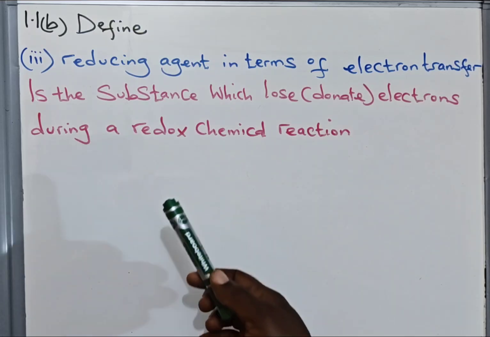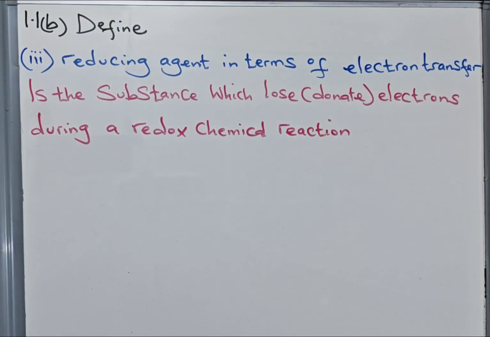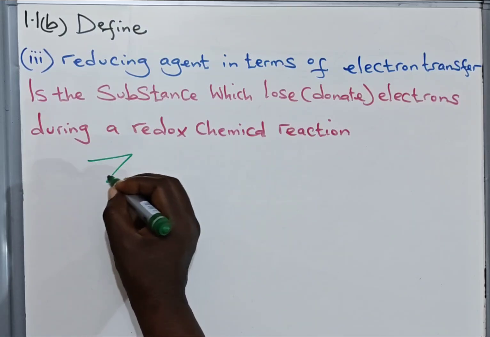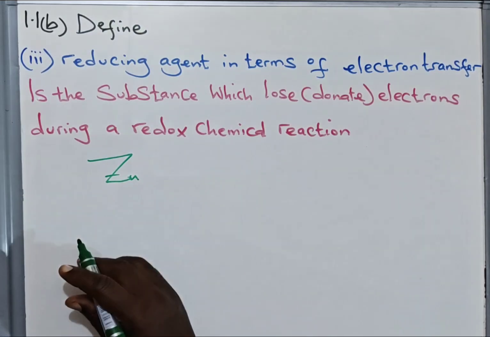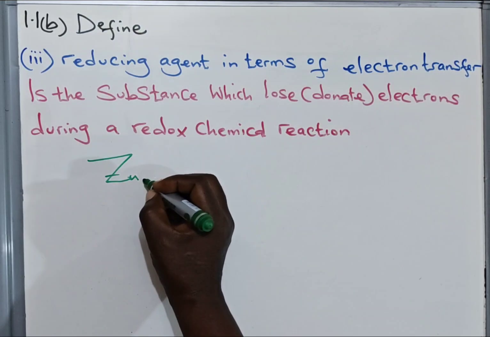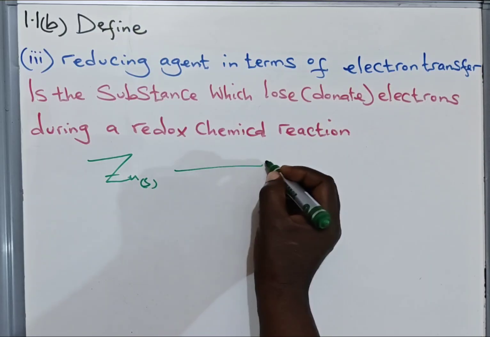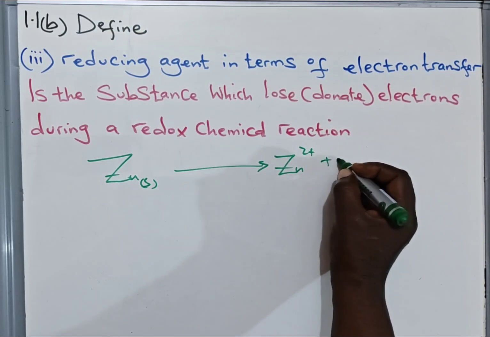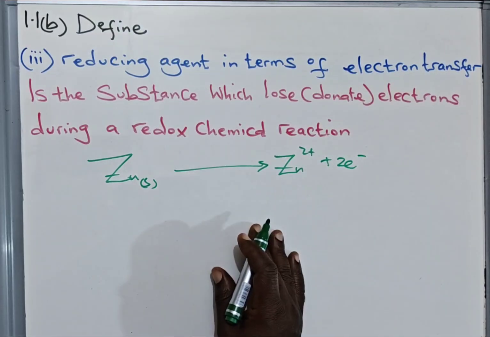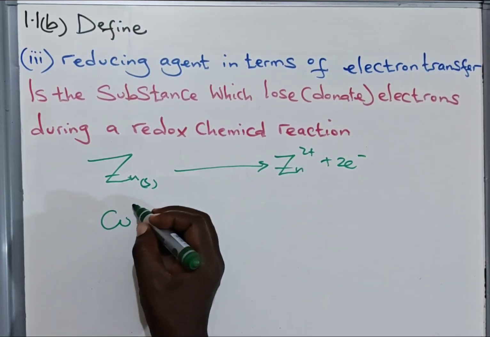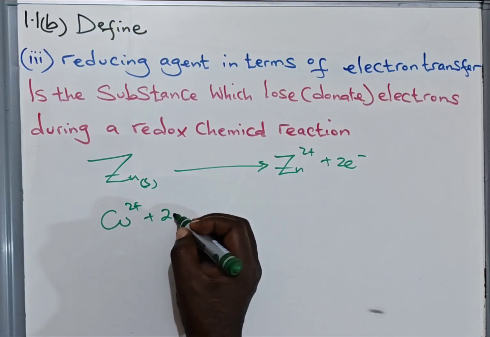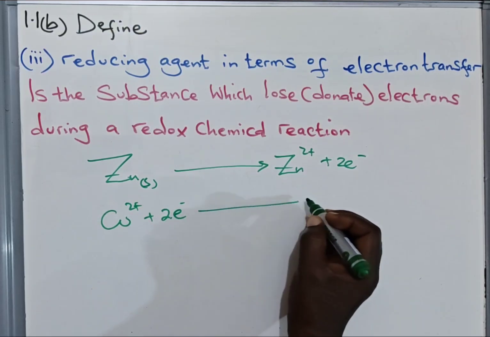So if we go back to our case in point, where we have a combination of zinc and copper, we said zinc has a tendency of undergoing oxidation, and copper 2 ions have a tendency of undergoing reduction.